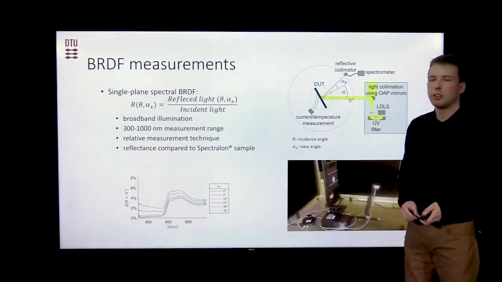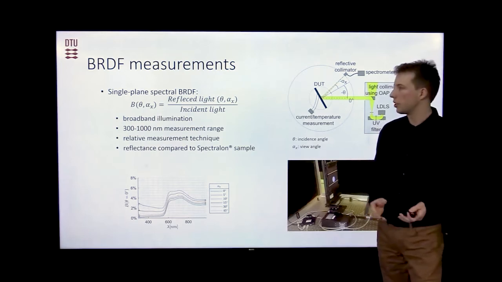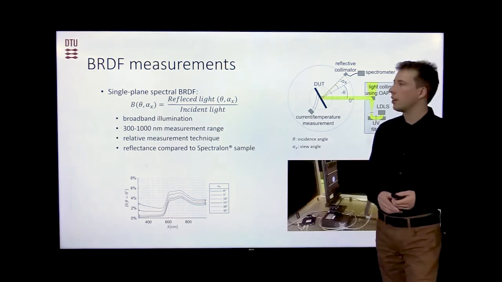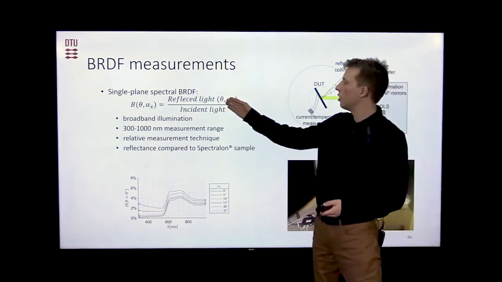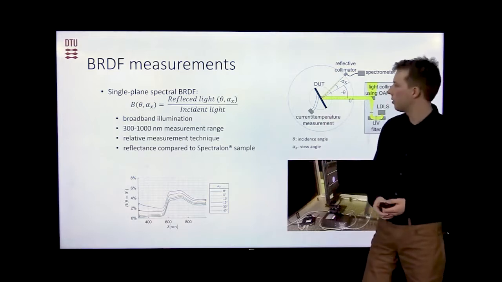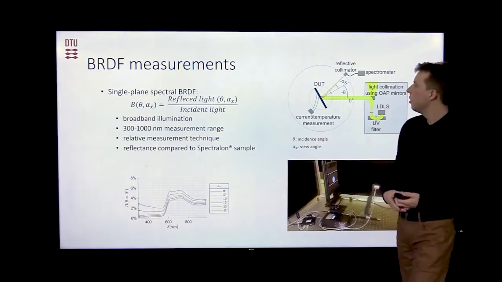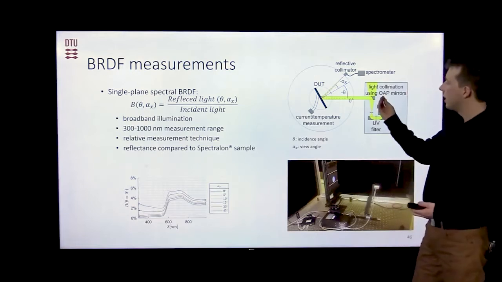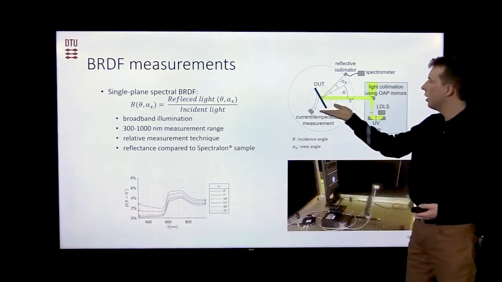Well, there is something called a BRDF, which stands for bidirectional reflectance distribution function. It's basically a complicated formula correlating the reflected light at a certain incidence angle and view angle with the incident light on our sample. We can measure that by using a gonio-reflectometer, which is a setup where we shine collimated light, so directed light, on a sample, which can freely rotate.